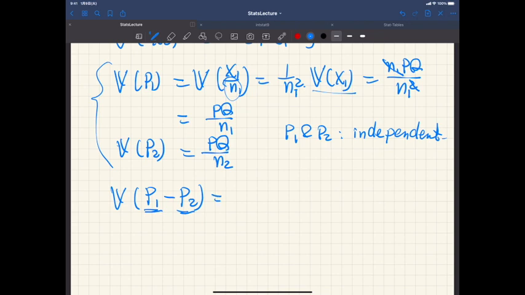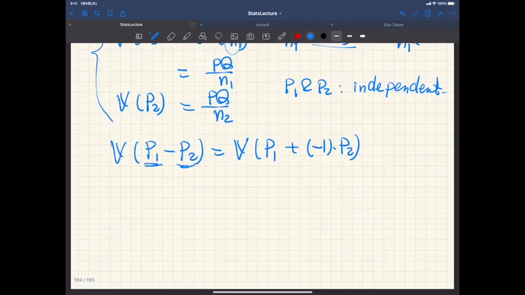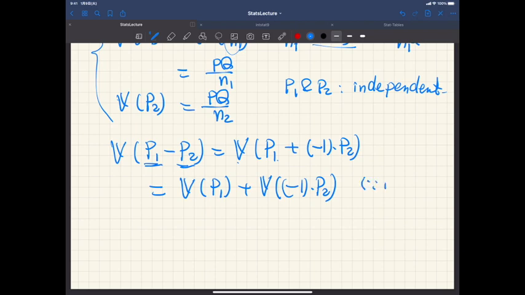Let's write it like this: p1 plus minus 1 times p2. Since they are independent, we can split the summation.